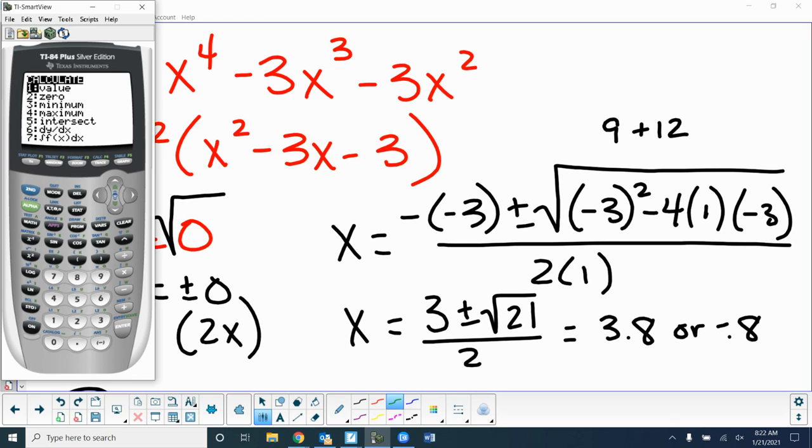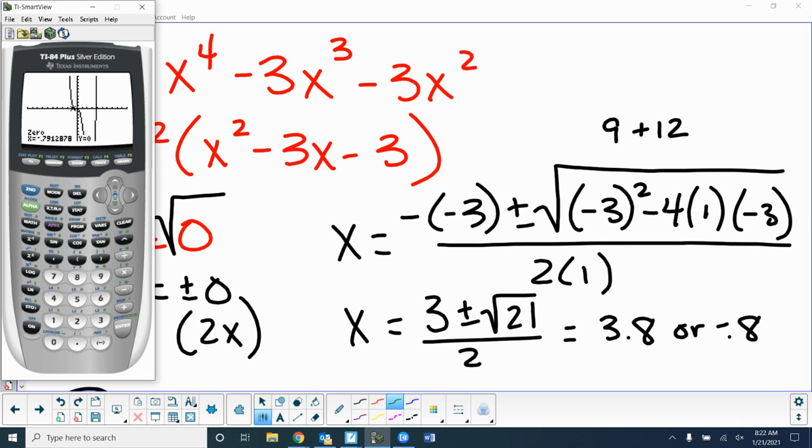all right? So hit second trace and 0, number 2, and left bound means you gotta get left of it. So I'm above it, okay? Hit enter, and then right bound, you gotta get below it, which it is, I can tell it's below because that y value is negative 0.27.